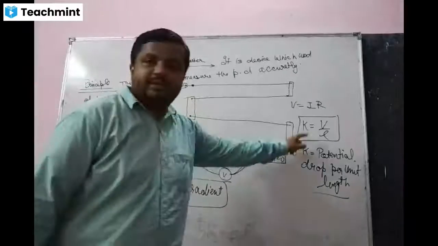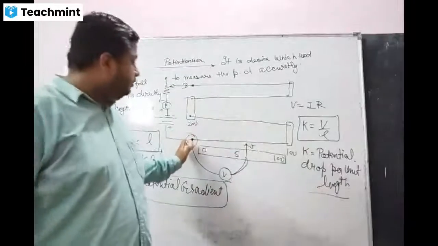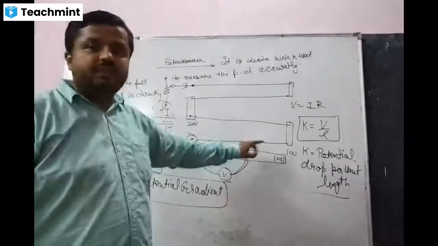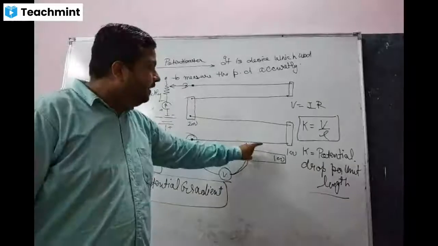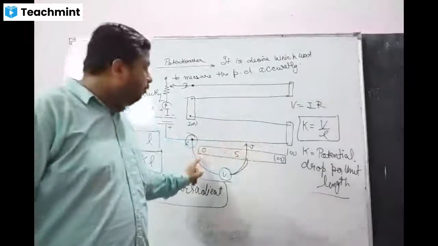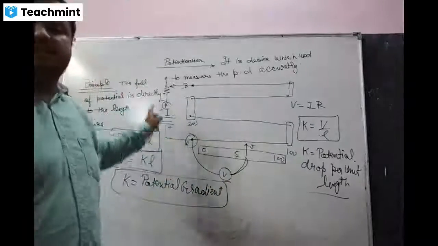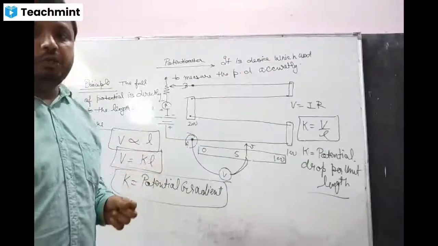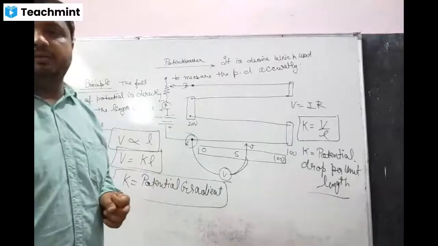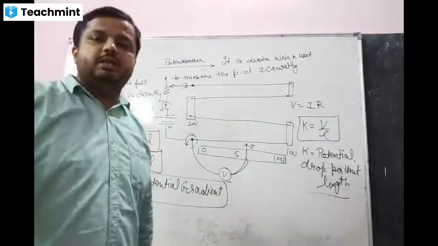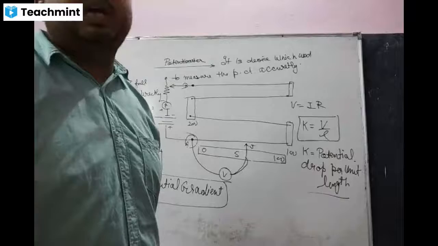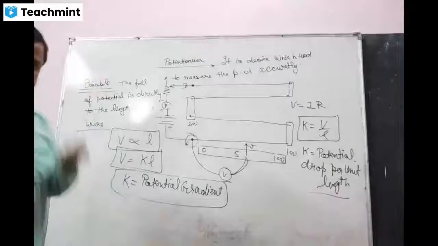Now we move the jockey. As we move the jockey, we note that the value of potential decreases. The fall of potential is directly proportional to the length of the wire.